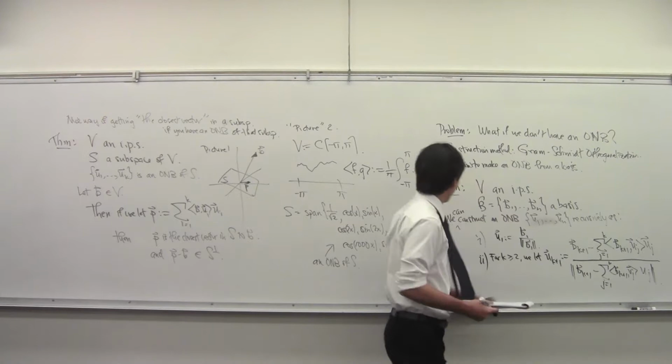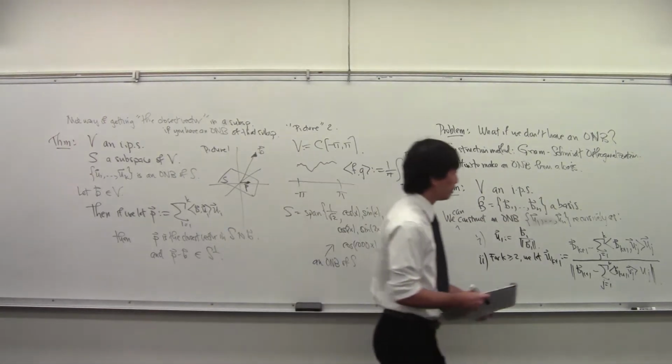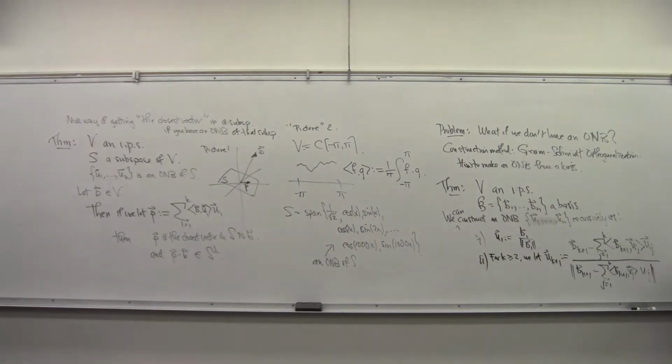Okay. Can anybody see the idea here? You're taking b k plus 1 and creating a vector.